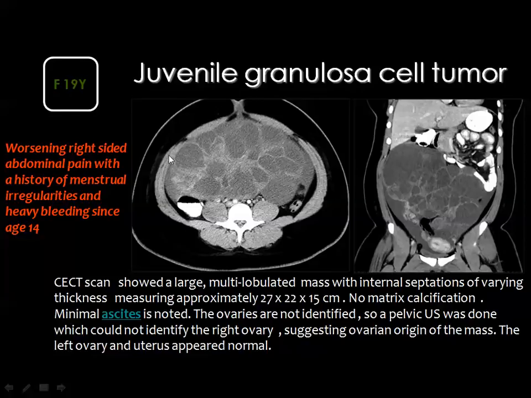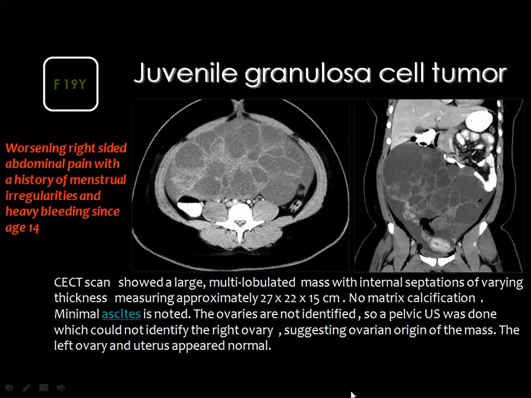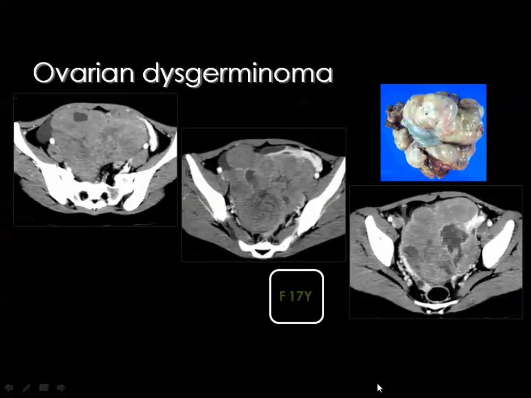The tumors sometimes may show matrix calcification, and there may be some ascites as in this case. If you look carefully, you can see the normal uterus, so it's easy to know that this is of course of extrauterine origin.